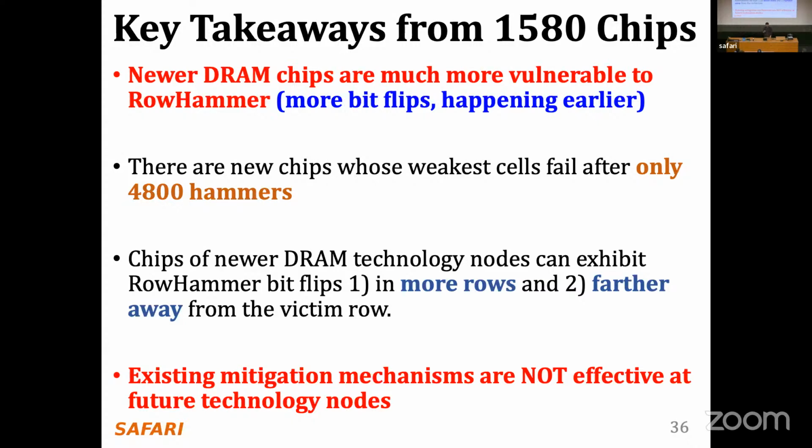If you think about the numbers from the 2014 paper, like 100K, 15K, that's orders of magnitude reduction in how fast you can see the first bitflip. They also show that, again not surprisingly, with newer DRAM technology, you see these bitflips in more rows and sometimes farther away from the victim row.